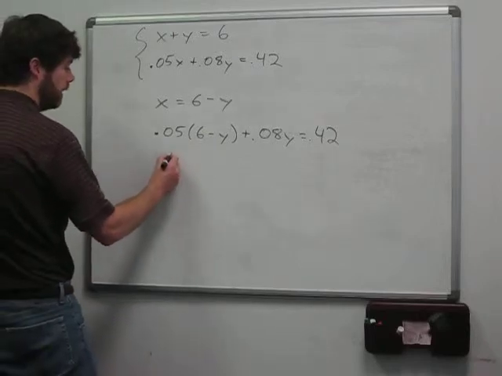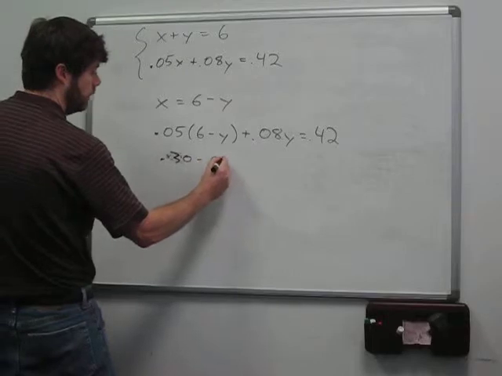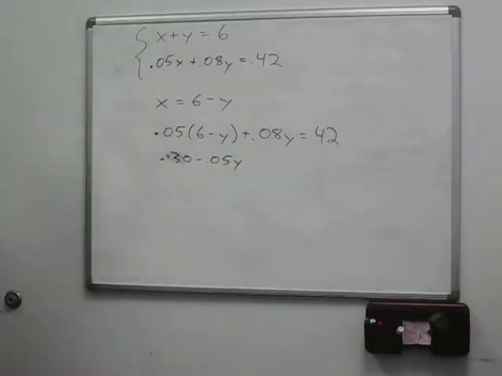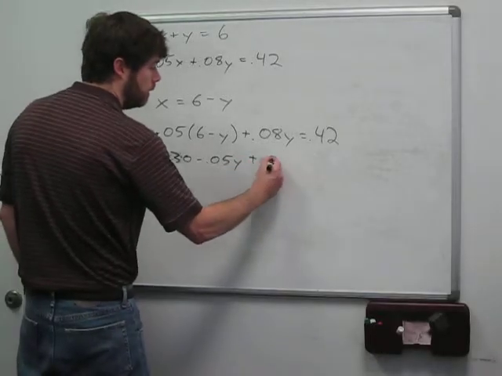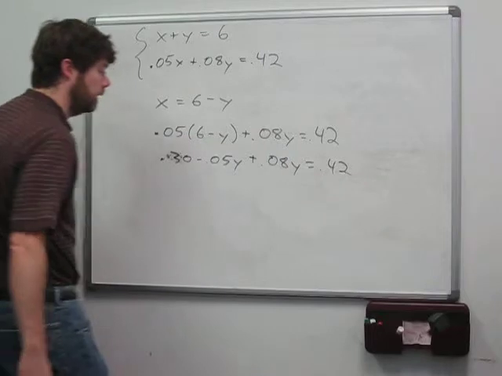Distribute the 0.05. We get 0.30 minus 0.05y plus 0.08y equal to 0.42.